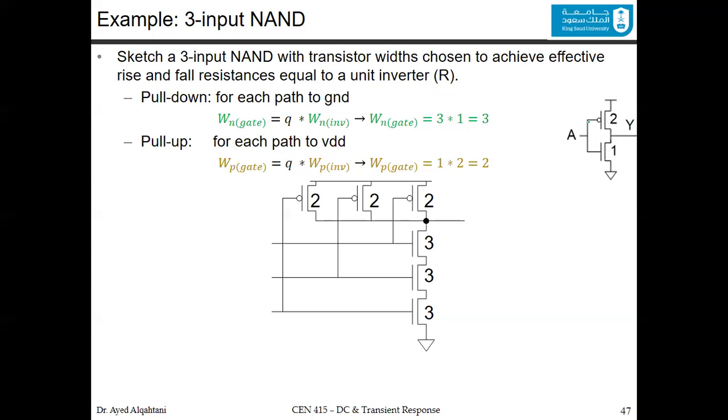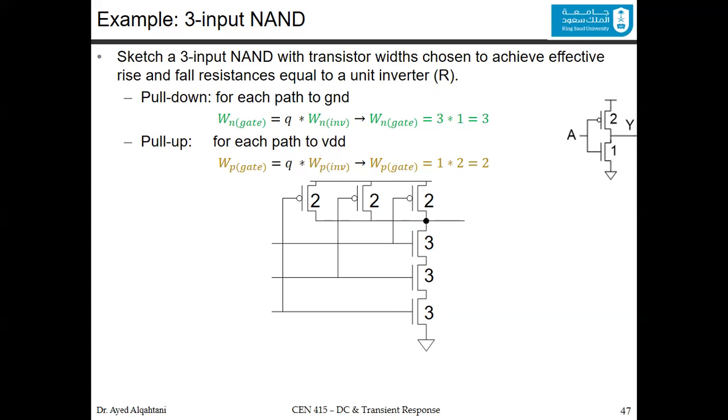And the Wp of the inverter is equal to 2. 1 times 2 is equal to 2, and this is what we have. You can do this in your head, as I explained to you, without writing out the mathematics. Or you could, if you feel safer, apply the mathematics.